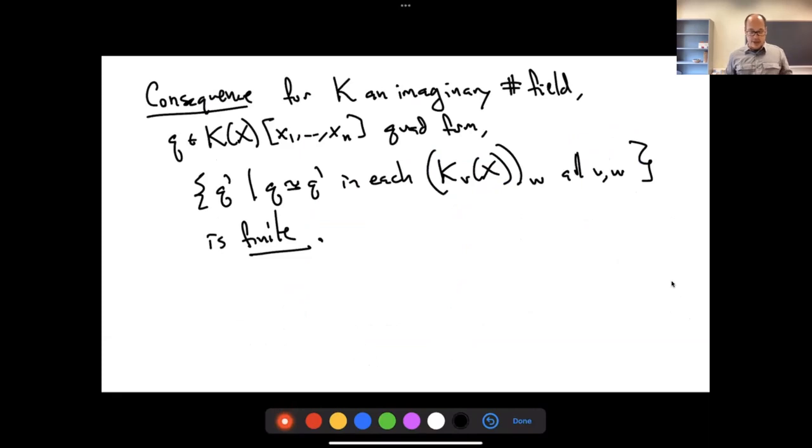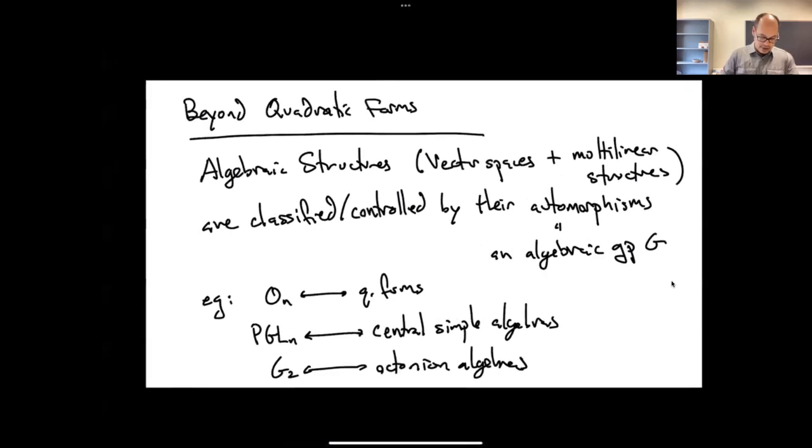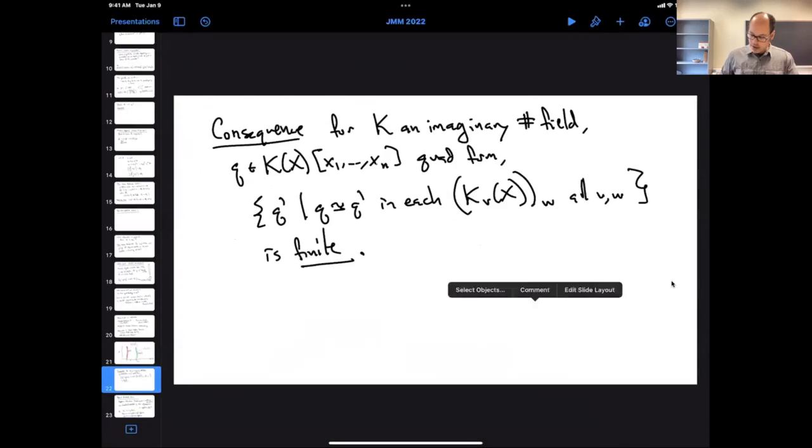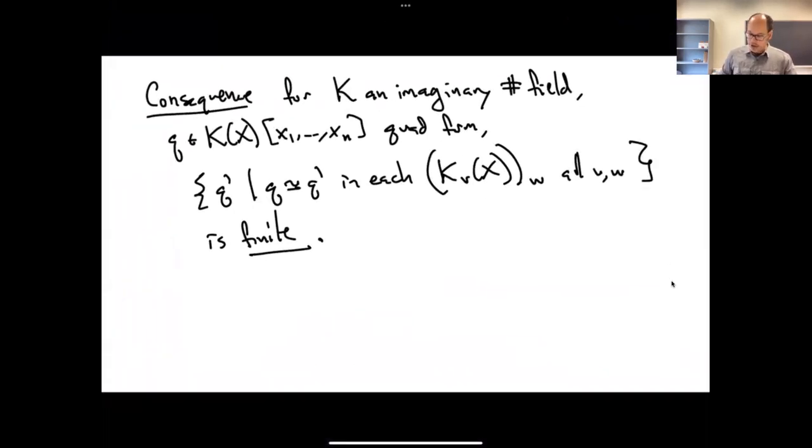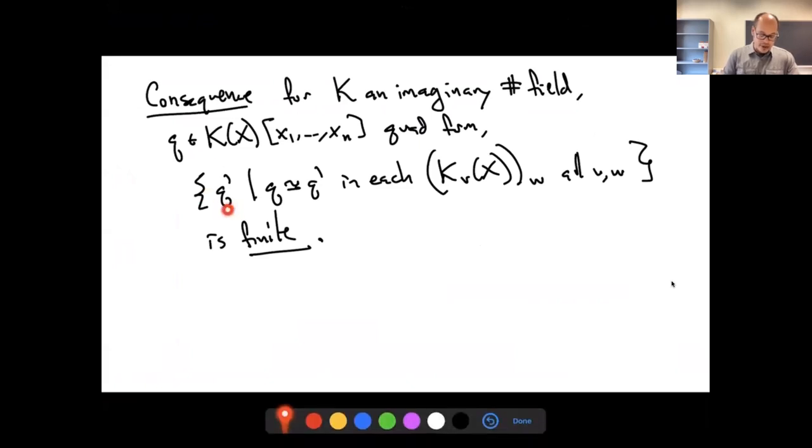Again, a consequence of the work of myself with Harbater and Hartmann, together with, for example, the work of Parimala and Suresh, is that if you're in an imaginary number field and you do this process of looking at forms that look like your form over each of these strips and bits on the strip, then this is still a finite set.